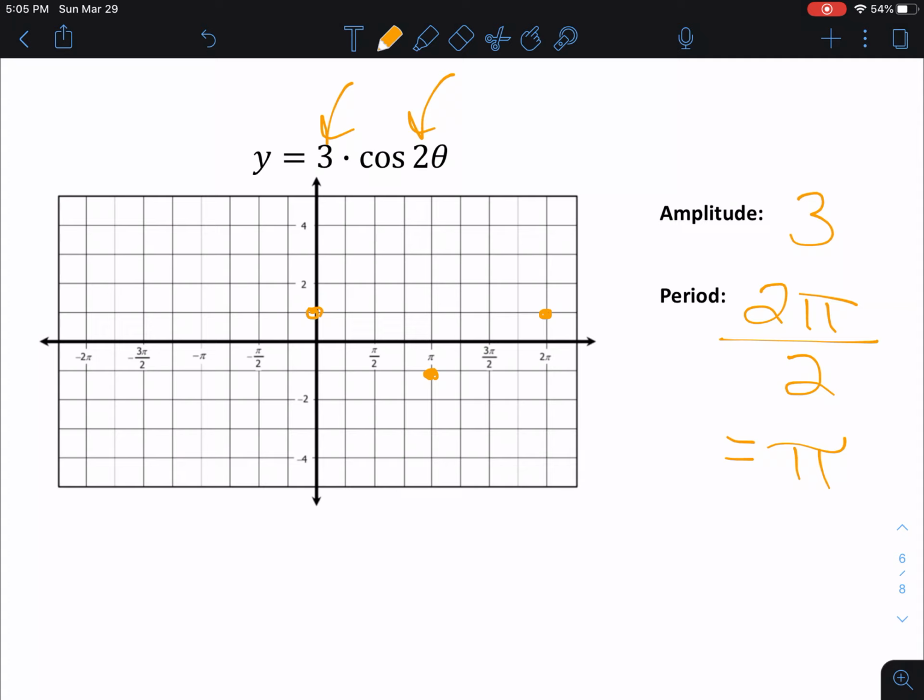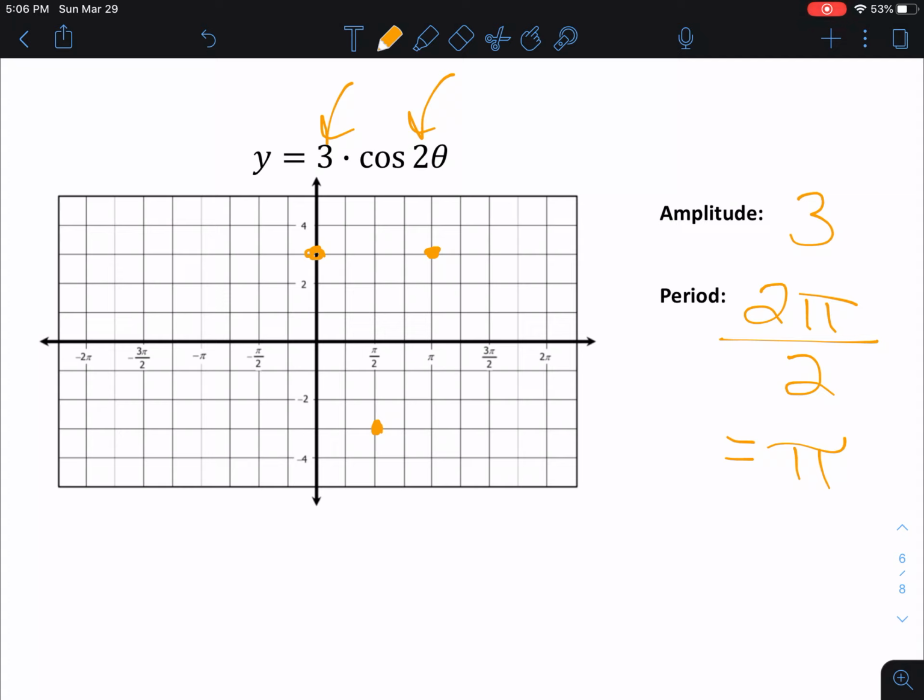Our amplitude is now 3, so instead of starting at 1, we're going to start at 3. And now instead of going all the way over to 2 pi, we have a period of pi, so I need to get back to 3 at pi. Halfway in between, I'm supposed to be at -1, but now that's multiplied by 3, so this should be at -3.